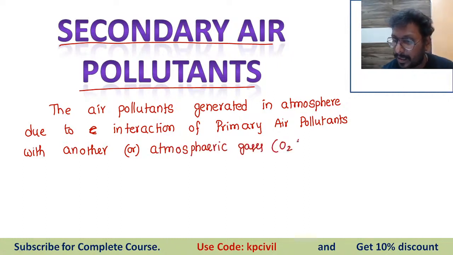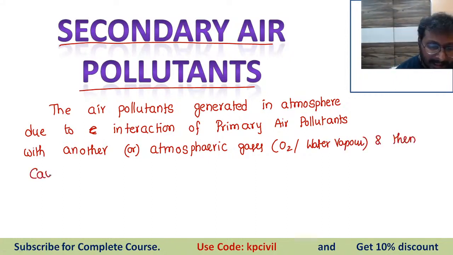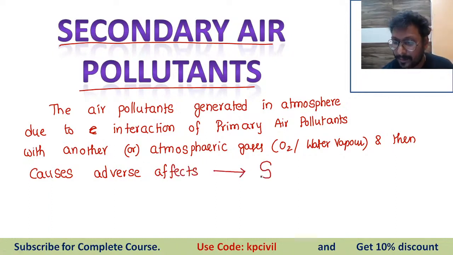Atmospheric gases like oxygen, water vapor. And then what does it cause? And then it causes adverse effects. Clear? This is called secondary. Clear? The air pollutant generated in the atmosphere.